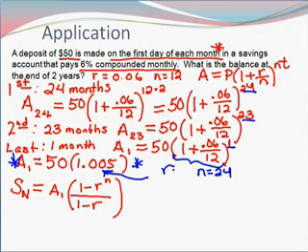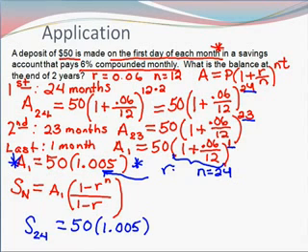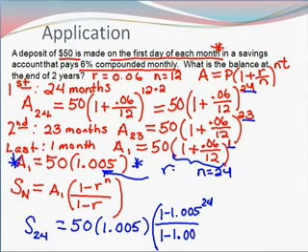So we're looking at S24 is equal to 50 times 1.005, so that's a1, times (1 minus 1.005 to the 24th power), and that's divided by 1 minus 1.005. And if you put this in your calculator, you should come out with $1,277.96.